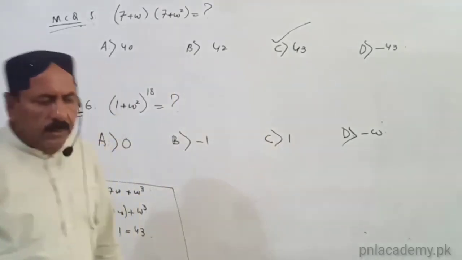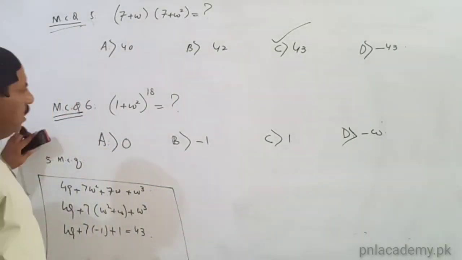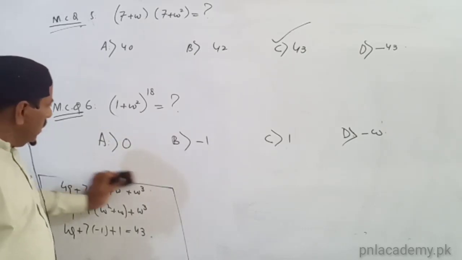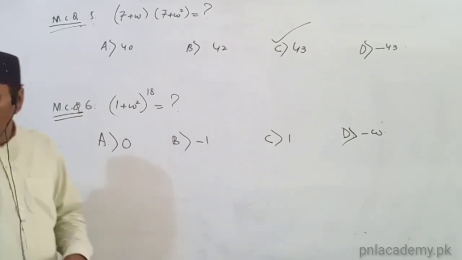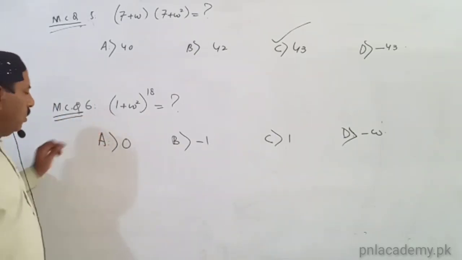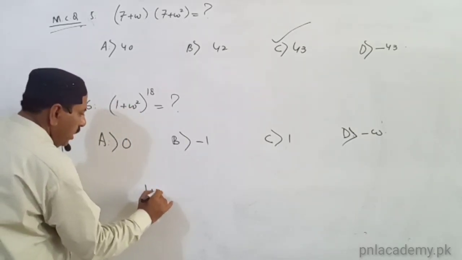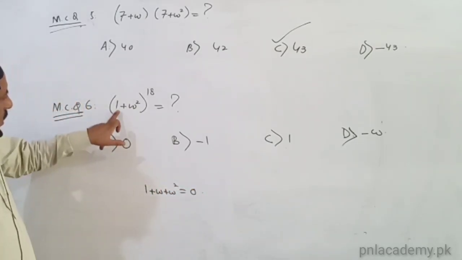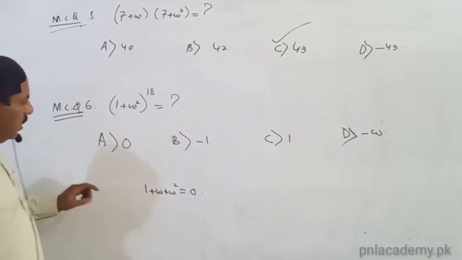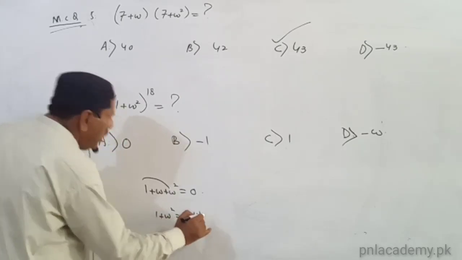Next is 1 plus omega square power 18. You know that 1 plus omega plus omega square is equal to 0, so 1 plus omega square is equal to minus omega.